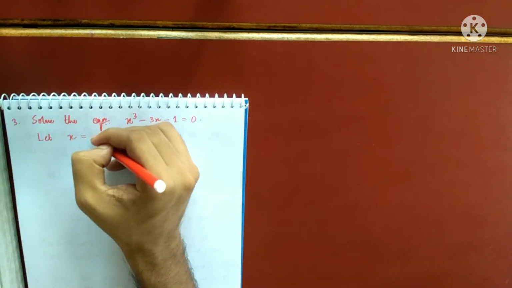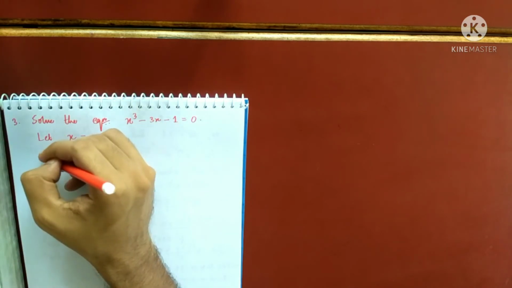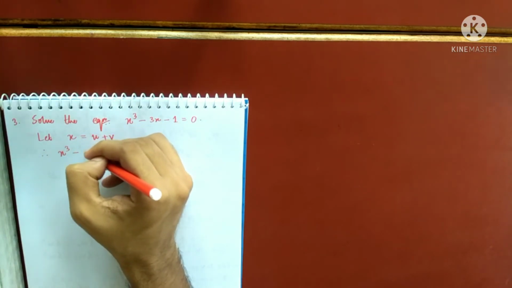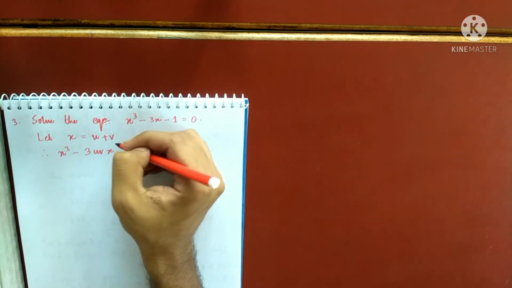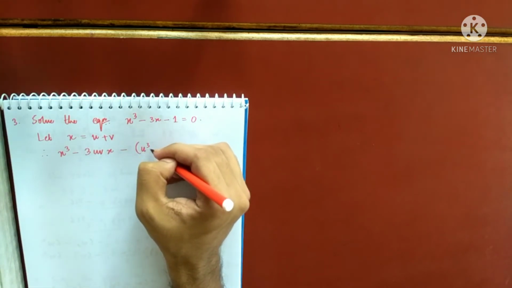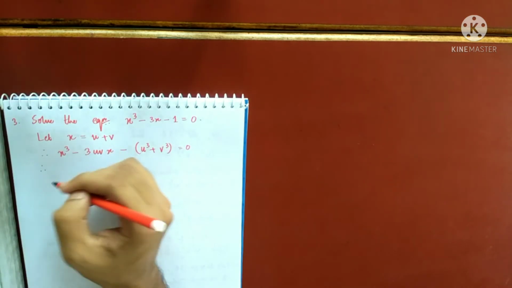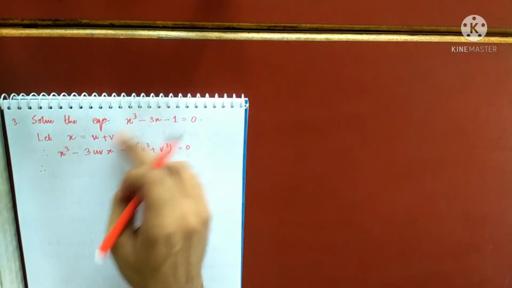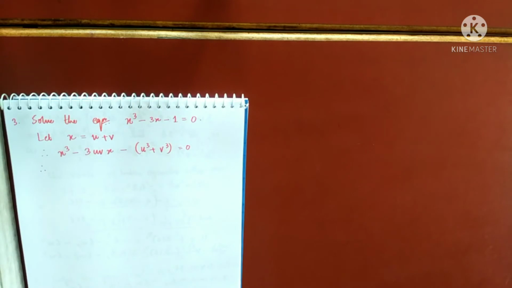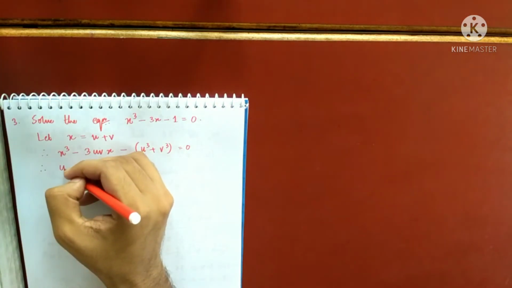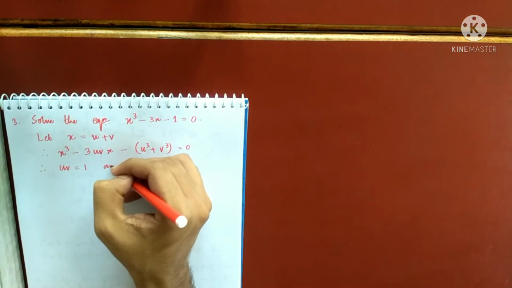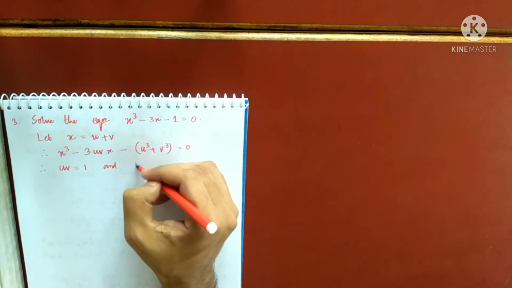So let x equals u plus v. Therefore, I will write directly x cube minus 3uvx minus (u cube plus v cube) equals 0. On comparing, the 3 and 3 get cancelled, minus 1 gets cancelled. So uv equals 1.